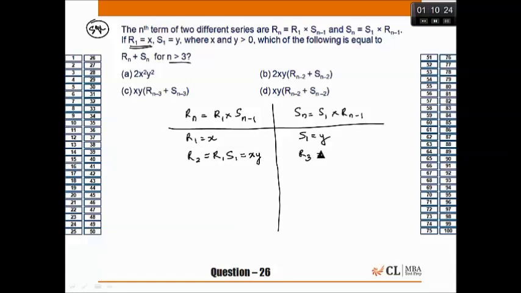And R3 would be what? Sorry, S2 would be what? S1 into R1, that is XY. R3 would be R1 into S2, which is X into XY, so X square Y. S3 is what?